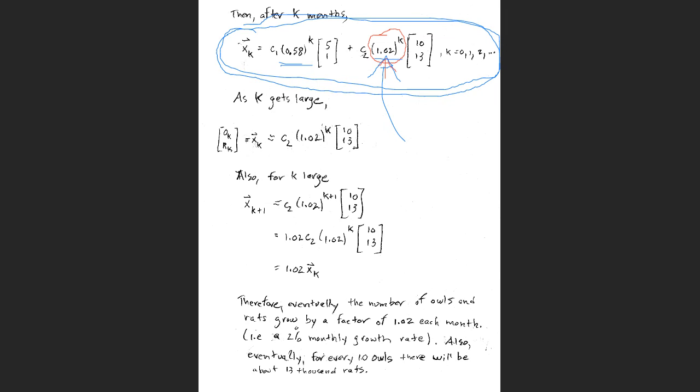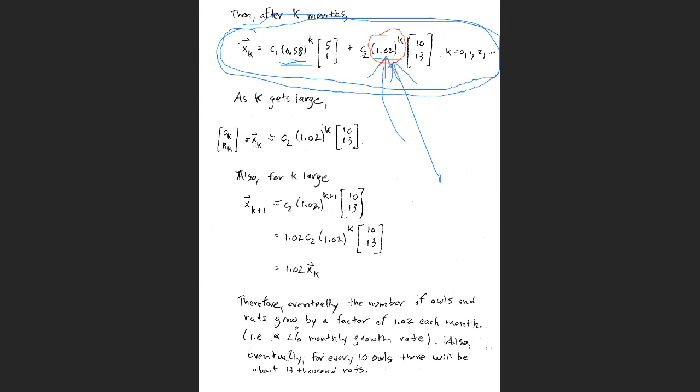So we had one eigenvalue less than 1, but another eigenvalue greater than 1. So the owl and rat populations, are they going to grow over time, or go to extinction? Well, let's talk about that.